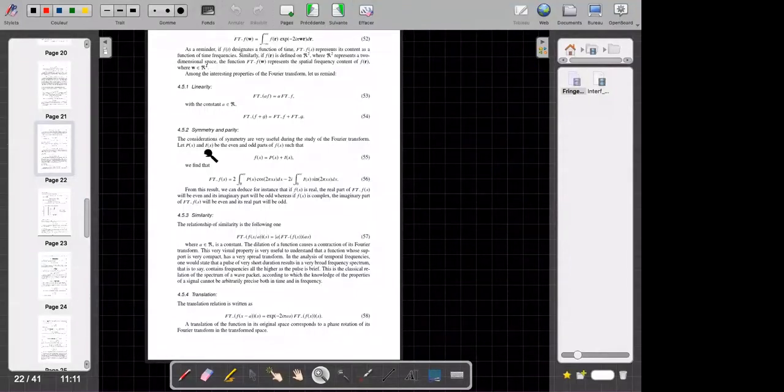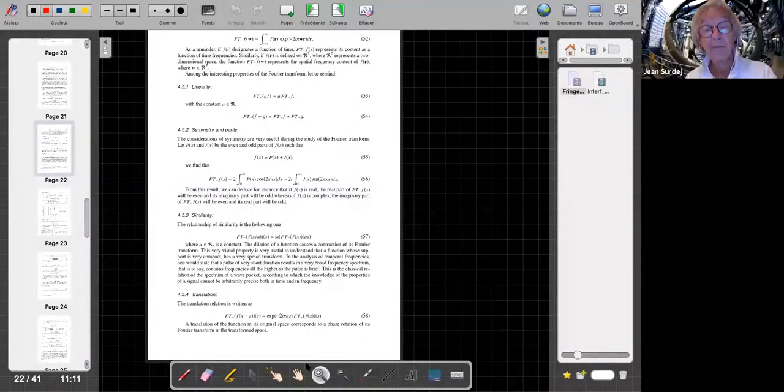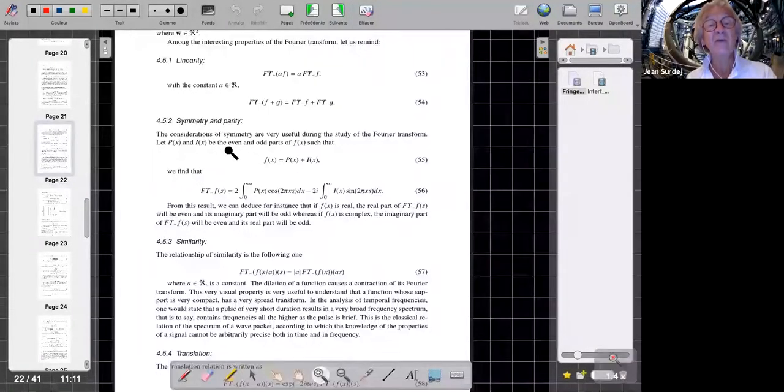Well, this is just highlighted here in the lecture notes. A function can be represented as a summation of two functions: one which is its even part, and the other which is its odd part. So P of minus x equals P of x, and I of minus x equals minus I of x.